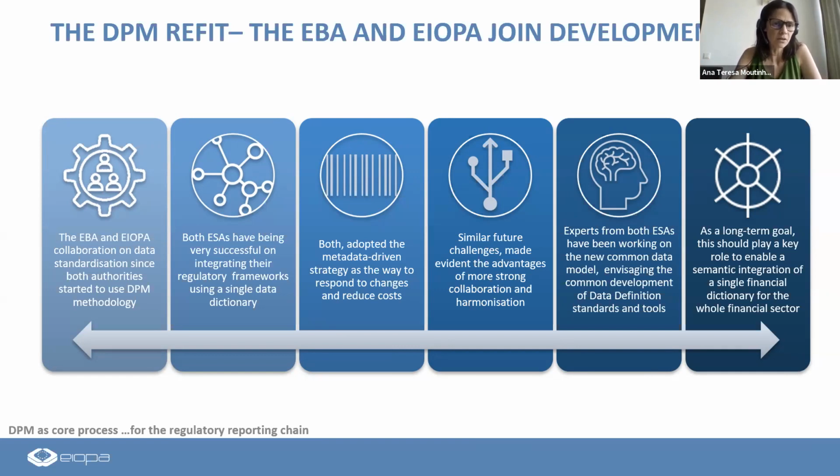Not only insurance companies, not only pensions, but credit institutions will be able to offer PEPP, and also investment funds will be able to offer PEPP. So that was very important since the beginning as well. We both adopted a model-driven strategy as a way to respond to the changes and to reduce costs.